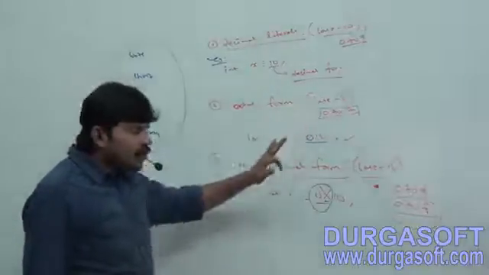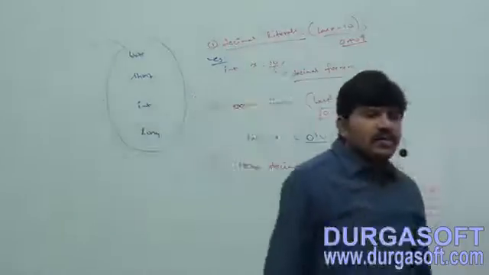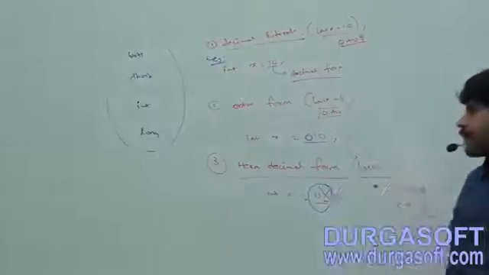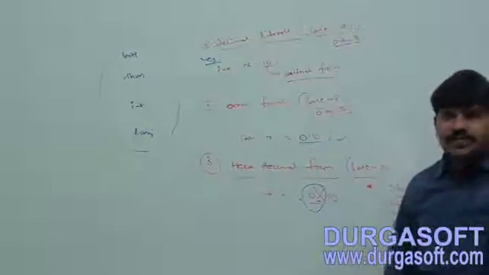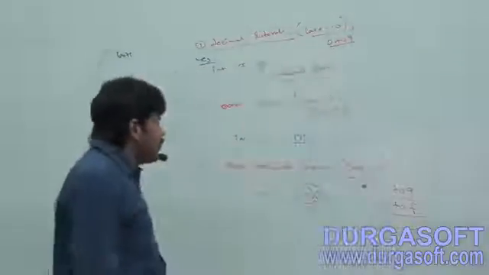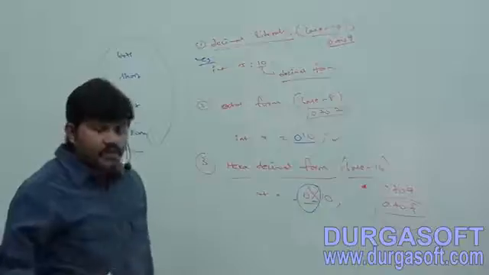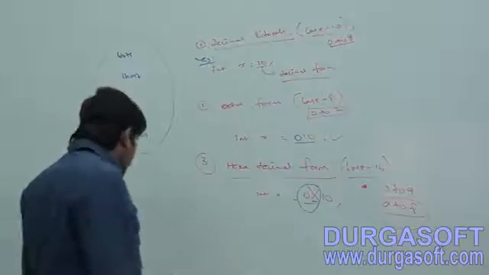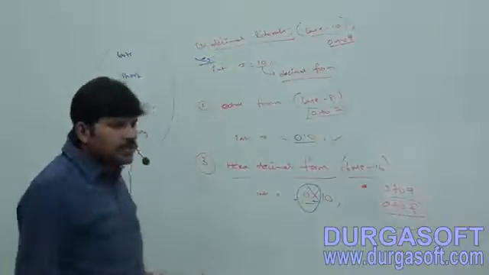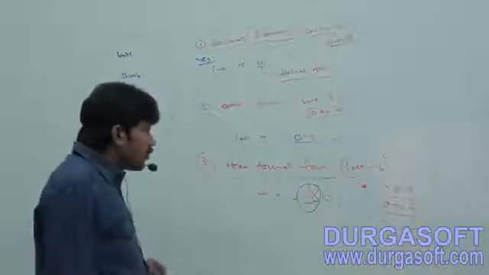Base 8, allowed digits are 0 to 7. Next, literal value should be prefixed with 0.